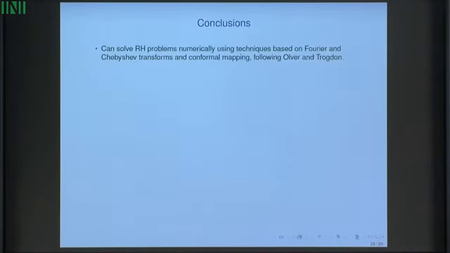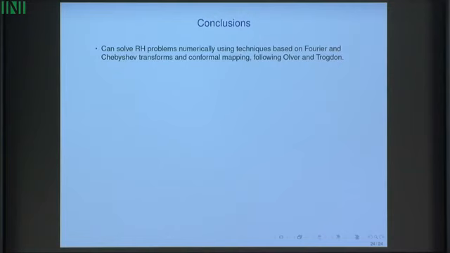Let me just summarize. What we have shown is that we can solve Riemann-Hilbert problems numerically using techniques based on Fourier and Chebyshev transforms and conformal mapping, following Olver and Trogdon. Tom and Xian will be talking about the methods that they have developed to solve Riemann-Hilbert problems.